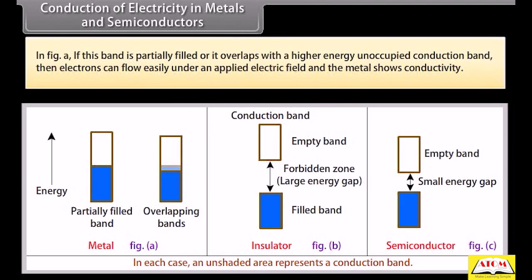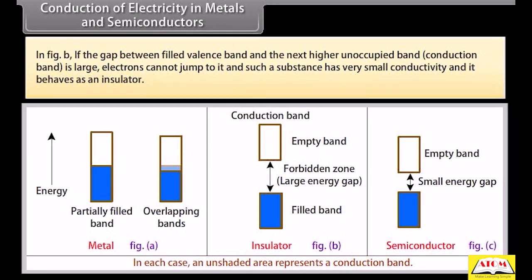In figure A, if this band is partially filled or it overlaps with a higher energy occupied conduction band, then electrons can flow easily under an applied electrical field and the metal shows conductivity. In figure B, if the gap between the filled valence band and the next higher unoccupied band, the conduction band, is large, electrons cannot jump to it and such a substance has very small conductivity and behaves as an insulator.